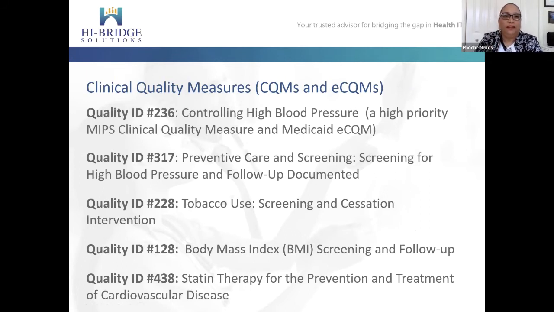These ones we picked out are clinical quality measures and electronic clinical quality measures related to hypertension. Specifically, 236 talks about controlling blood pressure, and it's a high priority measure in the MIPS program. And also quality ID number 317, preventive care and screening for high blood pressure, and then documenting the follow-up of that, as well as the other measures that you see on your screen.